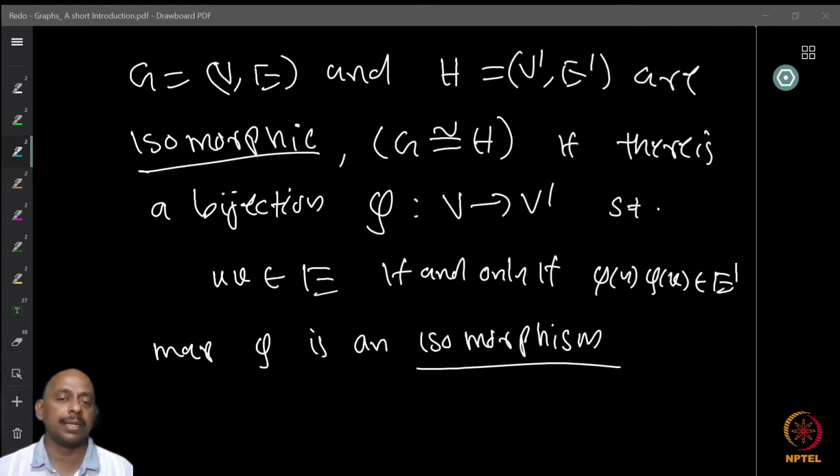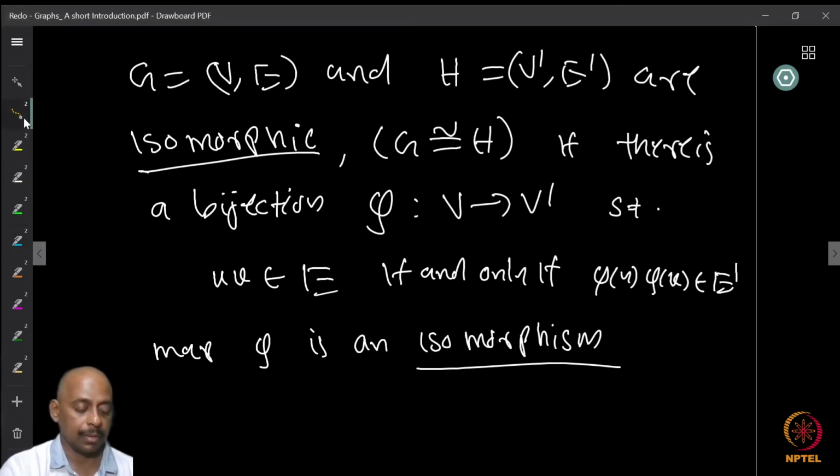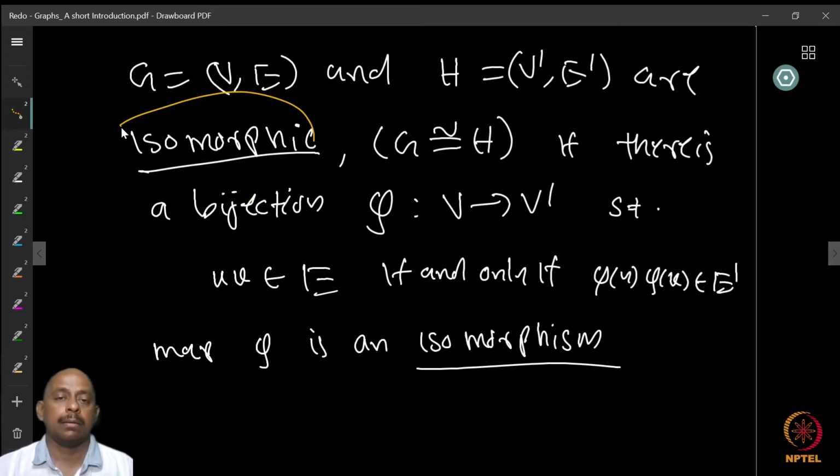We say that the graphs G and H are isomorphic, and we write G isomorphic to H, if one can find a bijection phi between the vertices V and V dash, such that UV is an edge if and only if phi of U, phi of V is an edge.